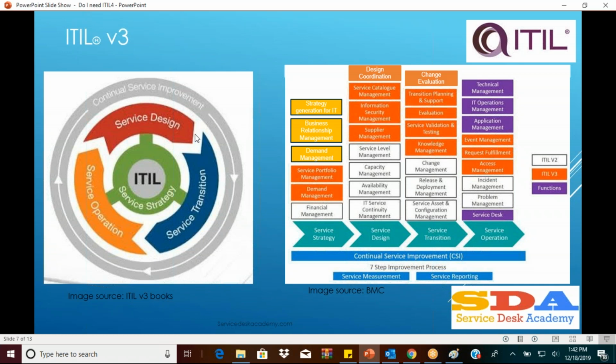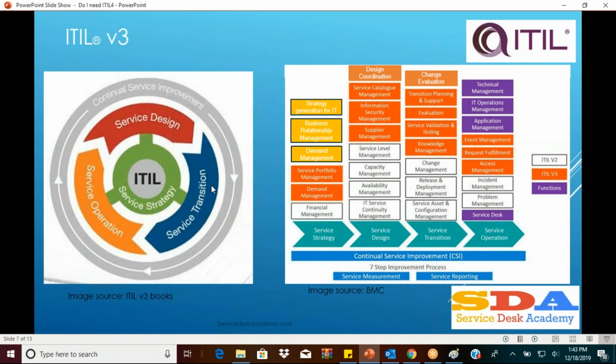Service design was the process area which focused on designing the real services with the help of processes like design coordination, catalog management, information security management, supplier management, service level management, capacity, availability, and IT service continuity management. Then we had service transition, which focused on transiting the services from design to the operational environment. It also did testing kind of activities.